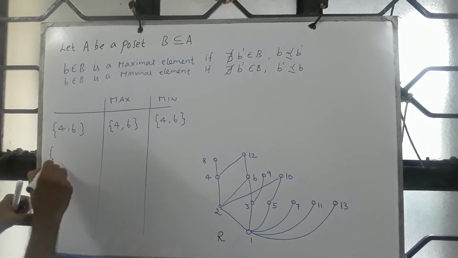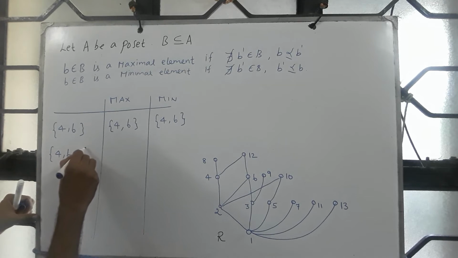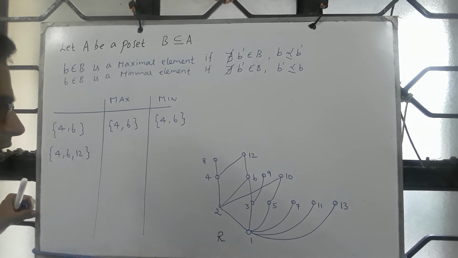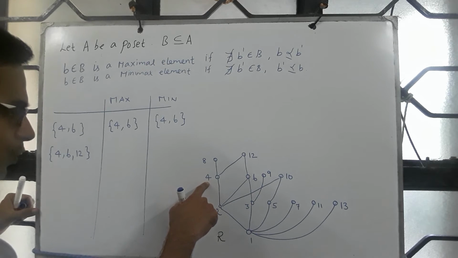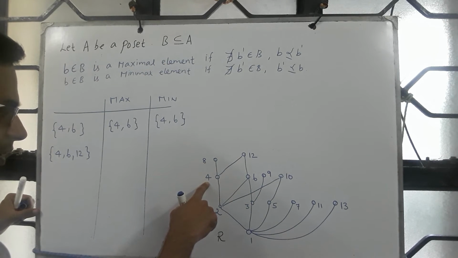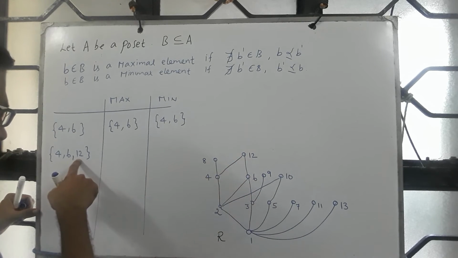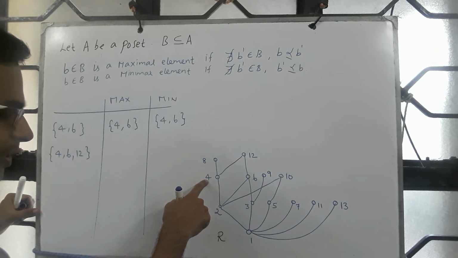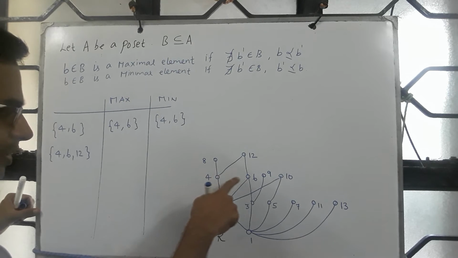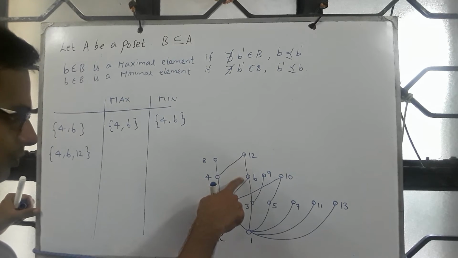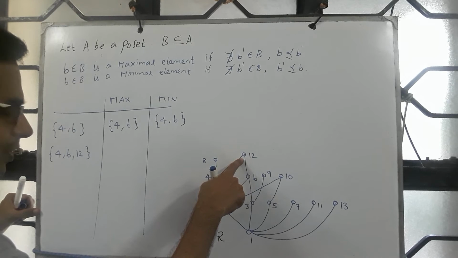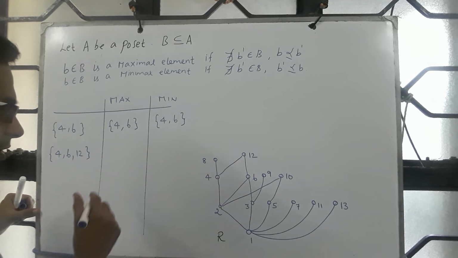So let's look at the set to be, say, {4, 6, 12}. Now you see, is 4 maximal? Answer is no, because you find 12, part of B, which is dominating this. And is 6 maximal? No. You find 12, belonging to B, which dominates this.